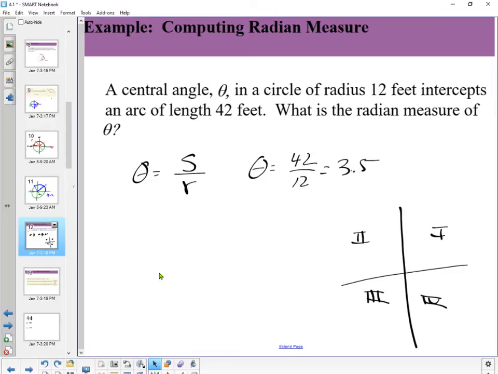Which quadrant was it in? 3. Why is it 3? One person, please. Because pi, 3.14, would be splitting 2 and 3. So with it being 3.5, it would go into quadrant 3. Why couldn't it go into quadrant 4 though? How are you sure that it's not in quadrant 4?